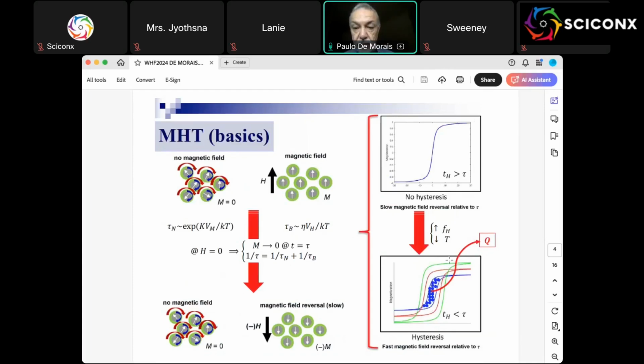But remember, this area is a result of the net relaxation time, which means a combination of Néel and Brownian relaxation time. So the heating can come from the Néel mechanism, or it can come from the Brownian mechanism. The Brownian mechanism is the mechanism where the particle rotates itself in the medium.